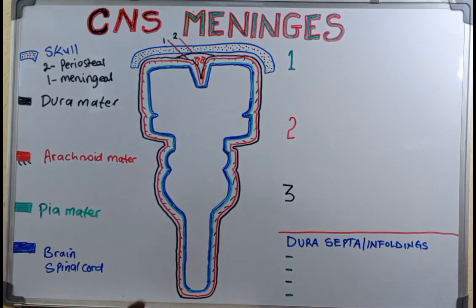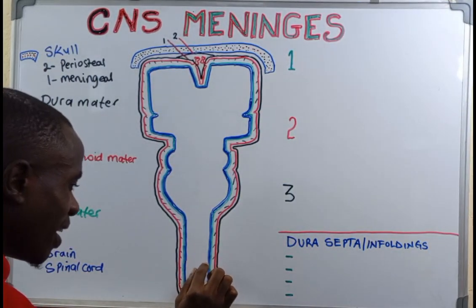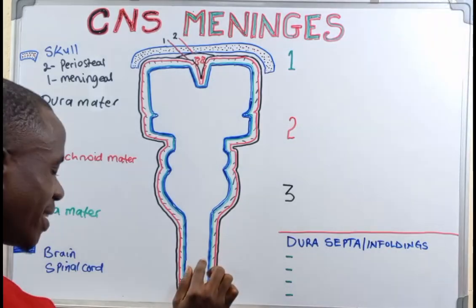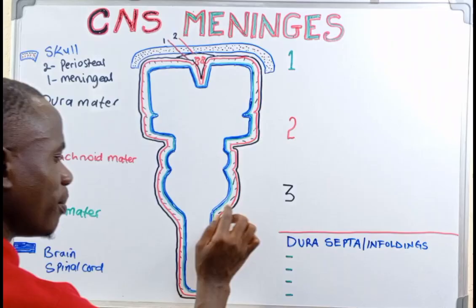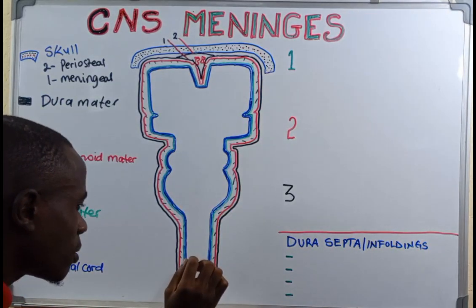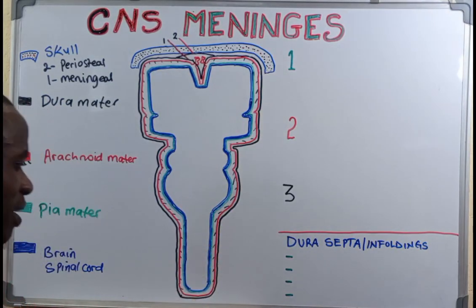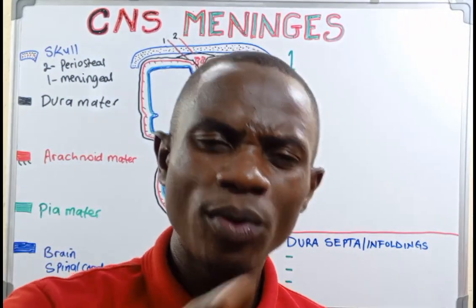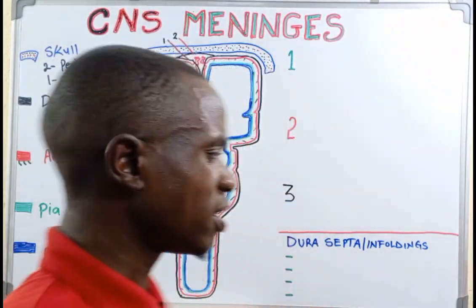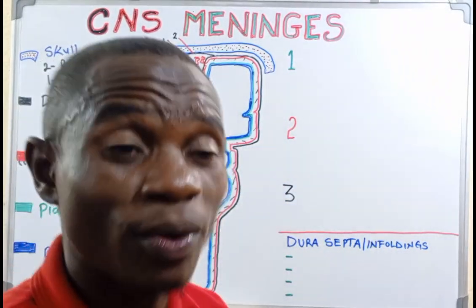When you see this brain and the spinal cord, we said the first meningeal layer is the pia mater. Just above the pia mater, we have the arachnoid mater. In between the pia mater and the arachnoid mater, we have a space, and this is a real space. What do we call it? This space is what we call the subarachnoid space.